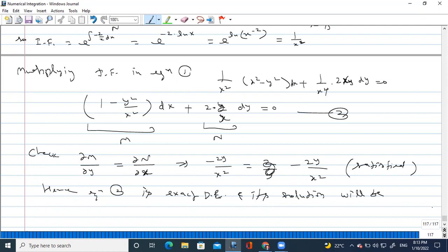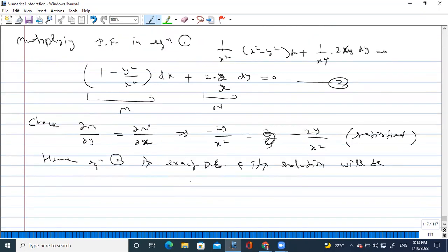Its solution will be integral M dx plus integral N dy equal to constant. Now put here integral M dx, the condition you know: integral of (1 minus y square by x square) dx plus integral N dy.